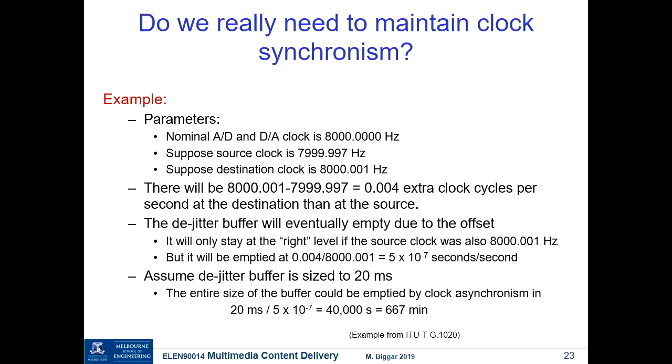If we assume the de-jitter buffer is sized to 20 milliseconds, maybe something of that order, then we can calculate how long it would take for that clock asynchronism to empty the entire buffer. The encoder assumes the buffer's full, but in fact it's been emptied, and it's quite a long time, that's 11 hours.